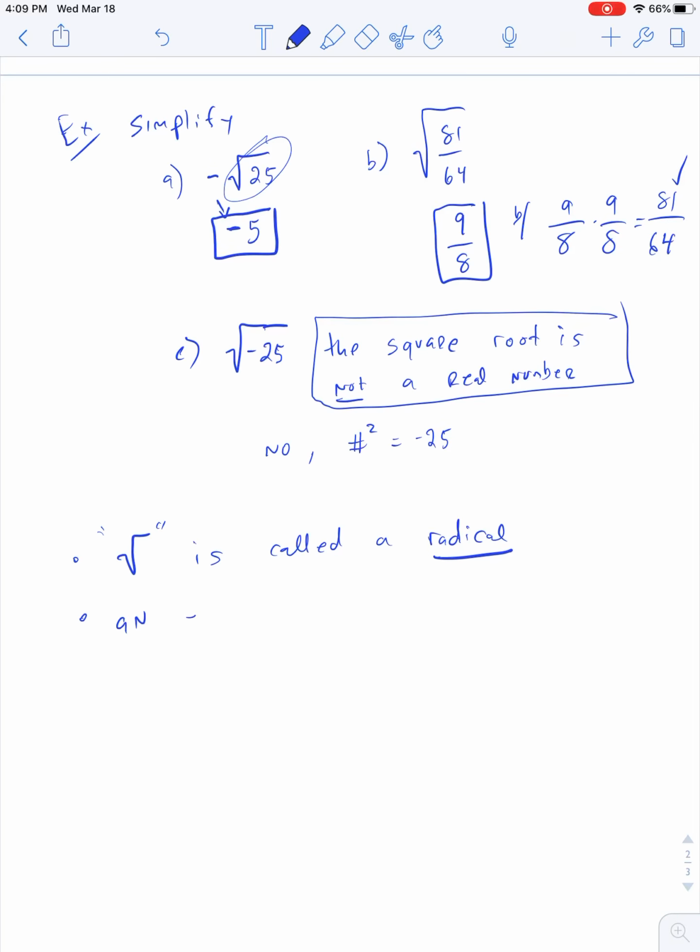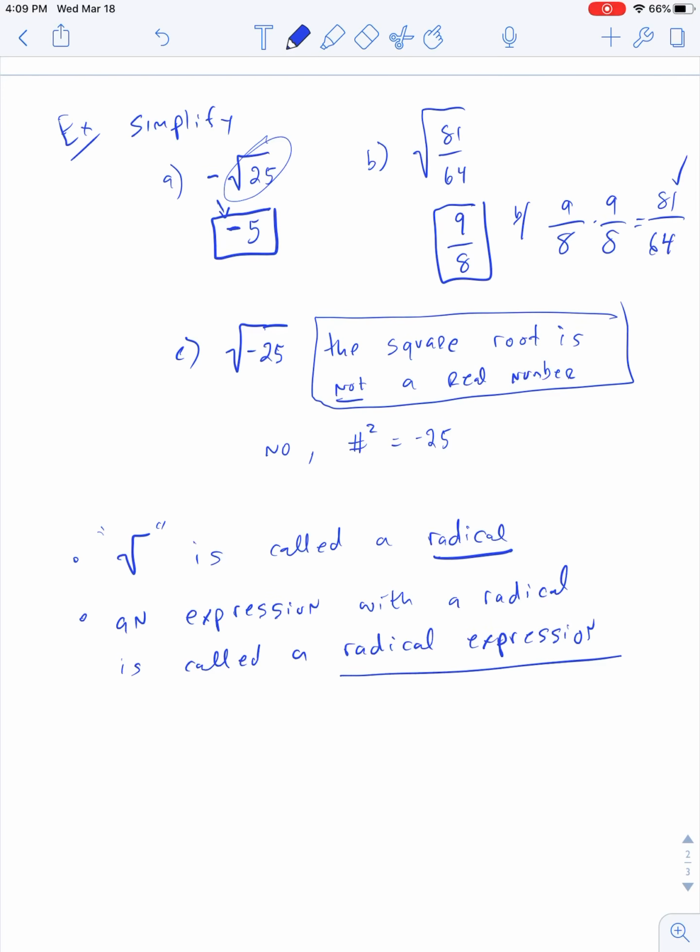And an expression with a radical is called a radical expression.